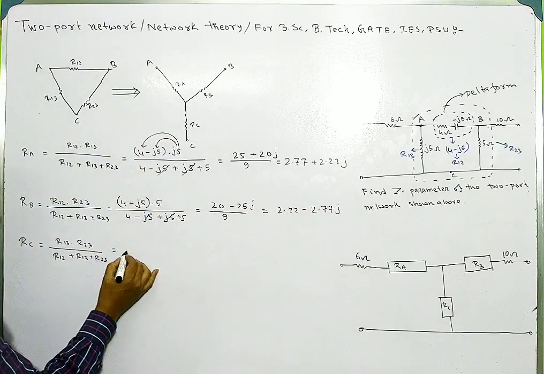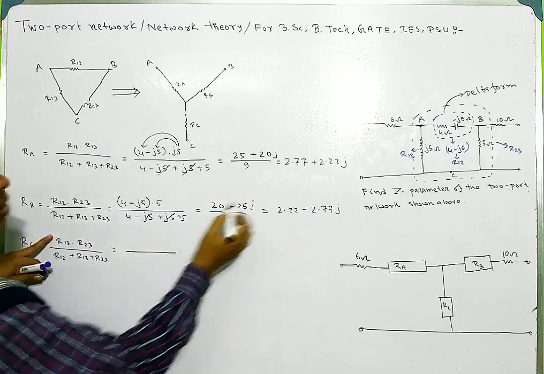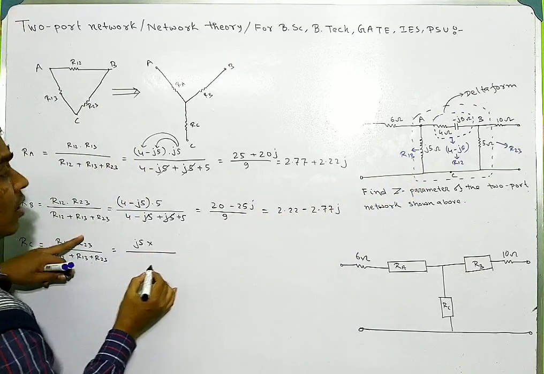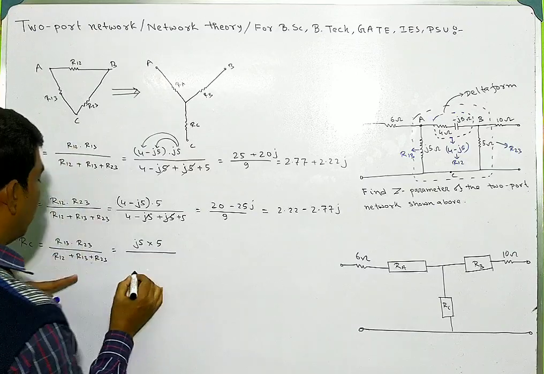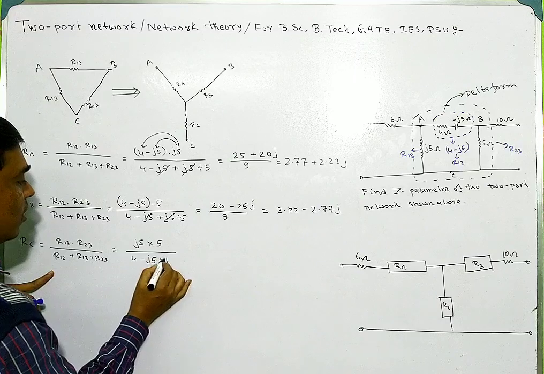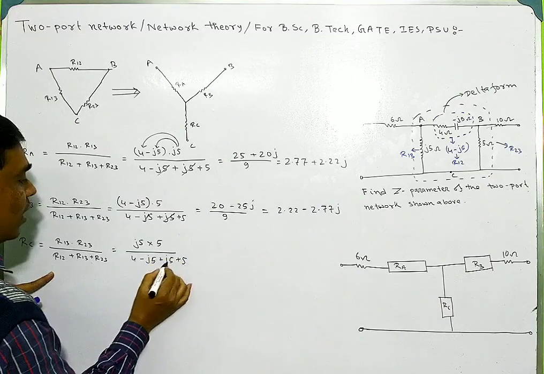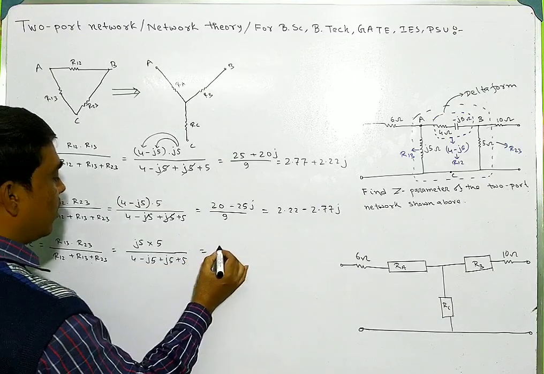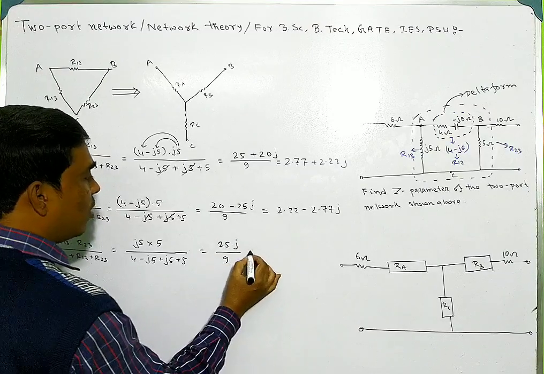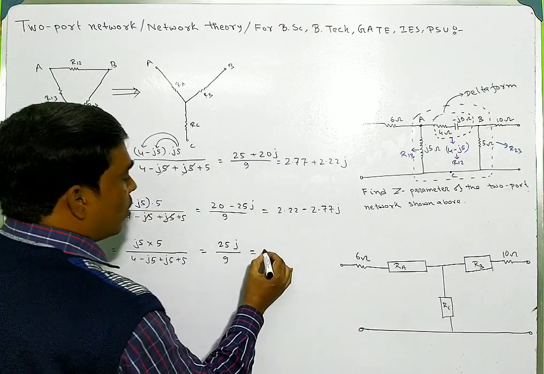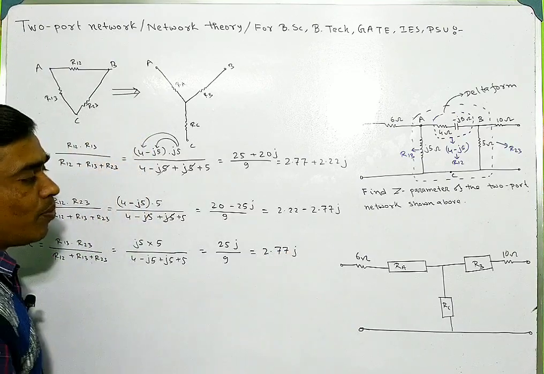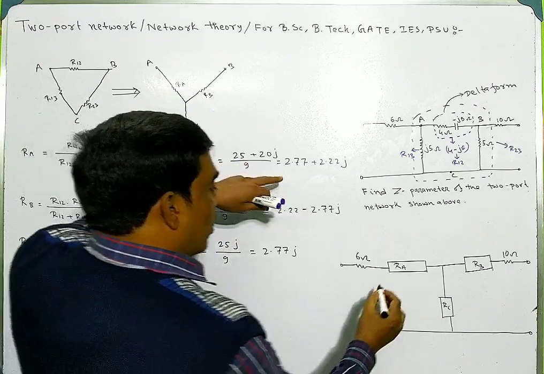And if you multiply it here, 13, this is 13, so J5 multiplied by only 5, and here 4 minus J5 plus J5 plus 5, so it will be 25J divided by 9, so it will be 2.77J.